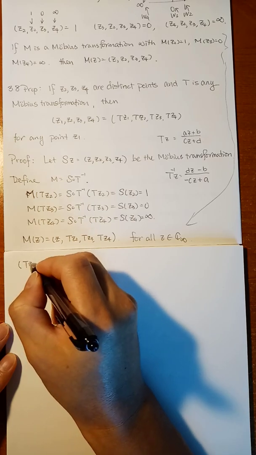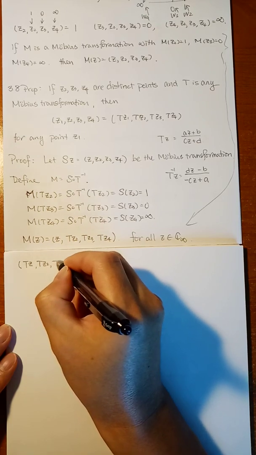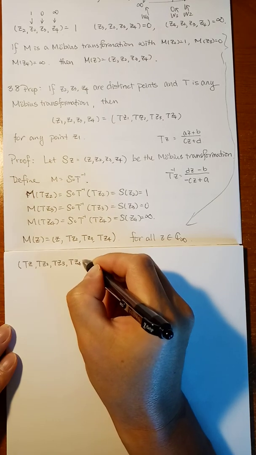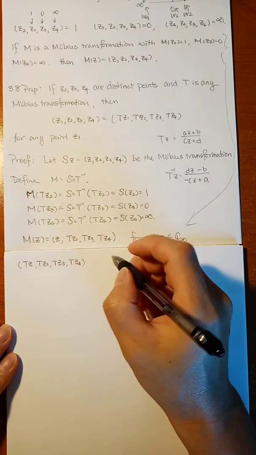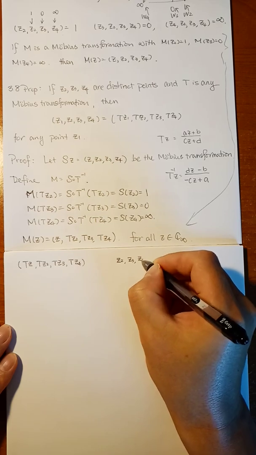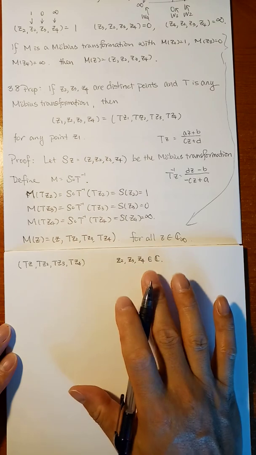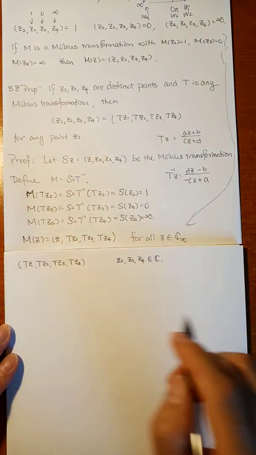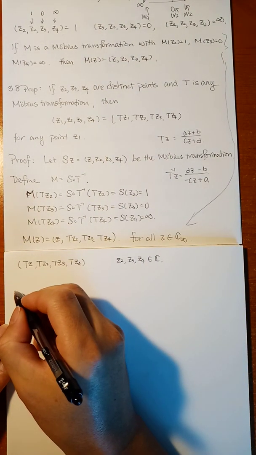So let's compute T of z, T of z2, T of z3, and T of z4. To cover all possibilities, we assume here z2, z3, and z4 are non-infinity. They are all complex numbers. If one of them is infinity, you actually take the limit. Okay, so let's see what it is.